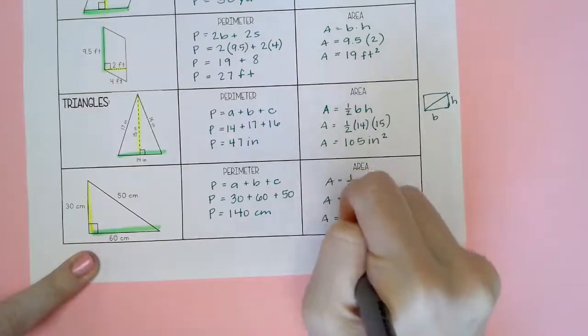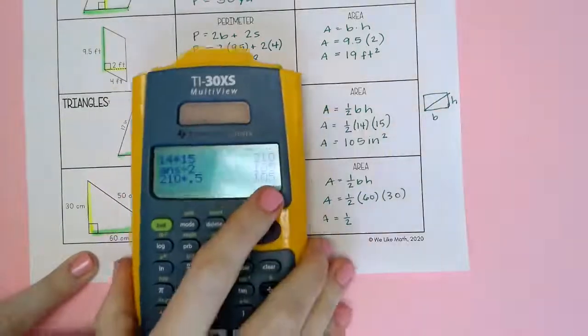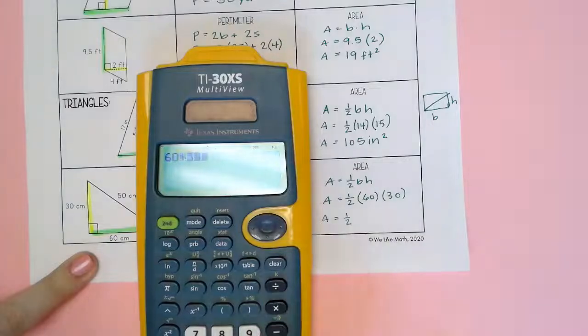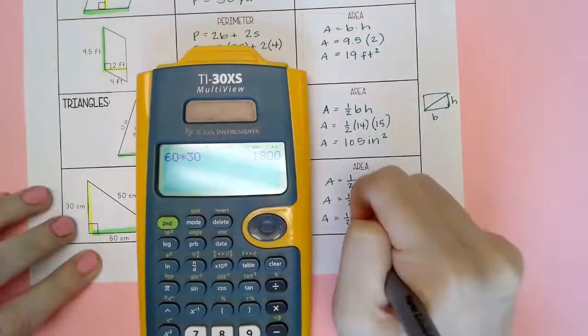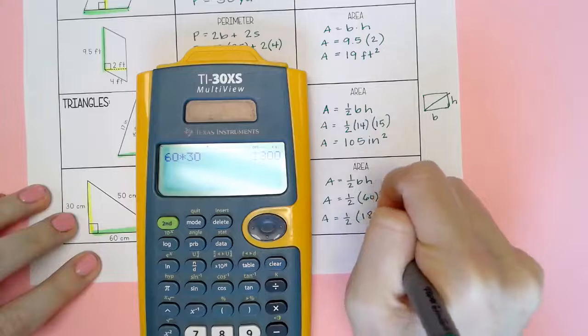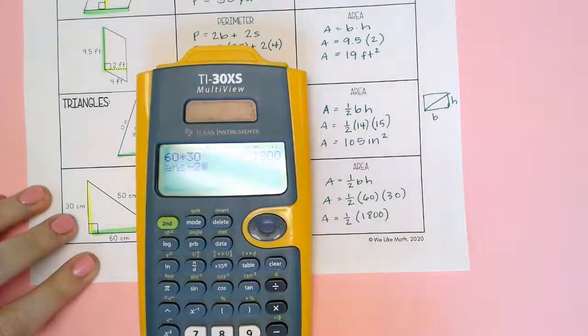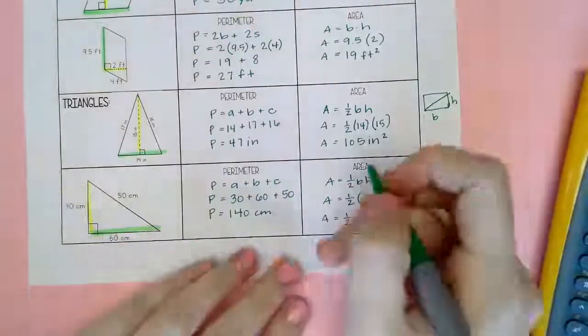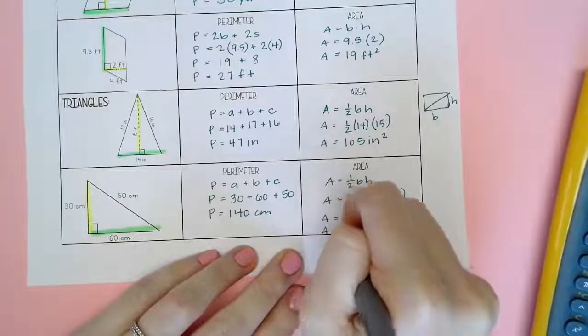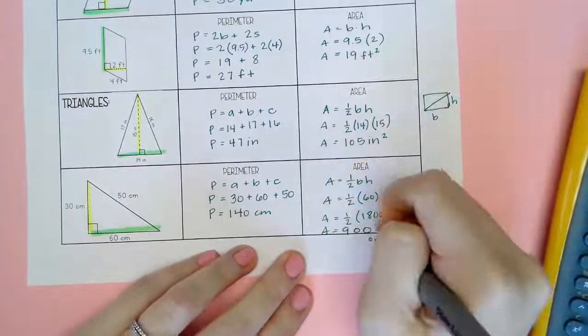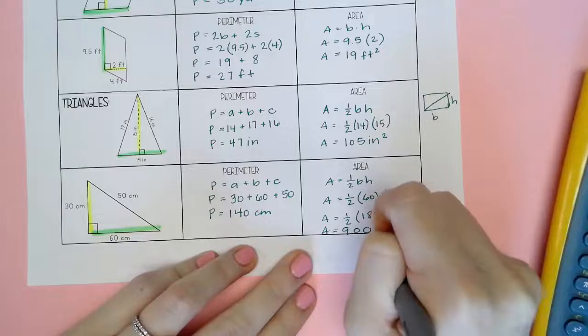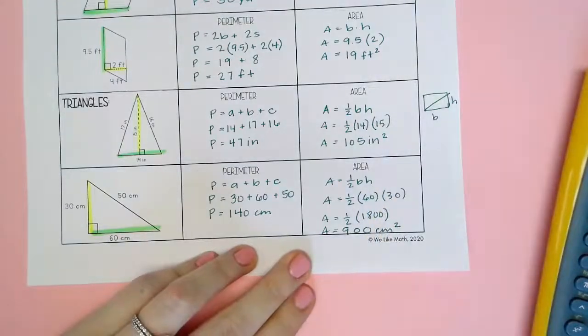A equals 1/2, 60 times 30, and I get 1800. And then I'm going to divide that by 2 to get 900. And I'm going to put my label, which is centimeters, and square it.